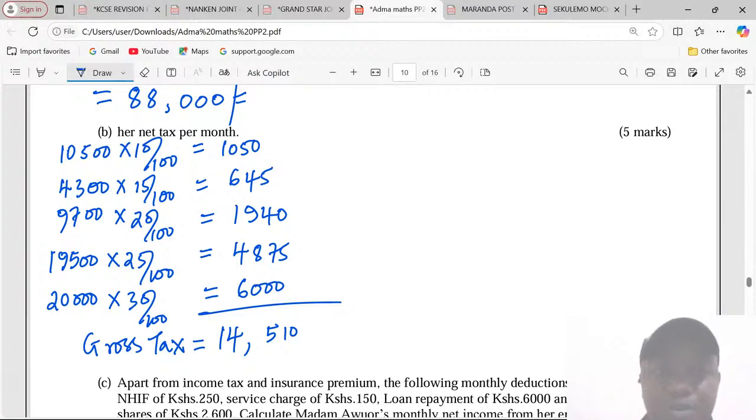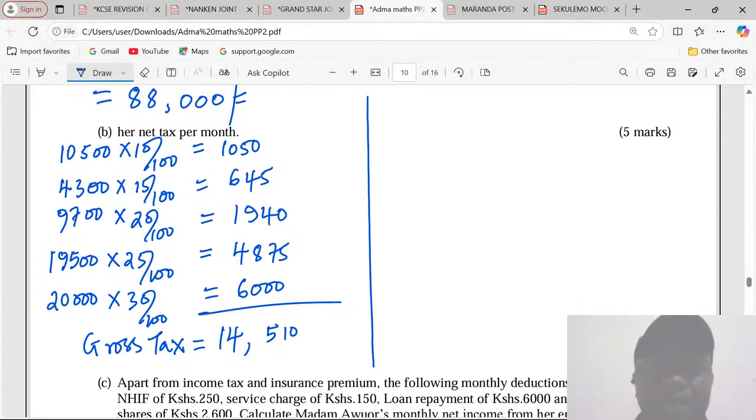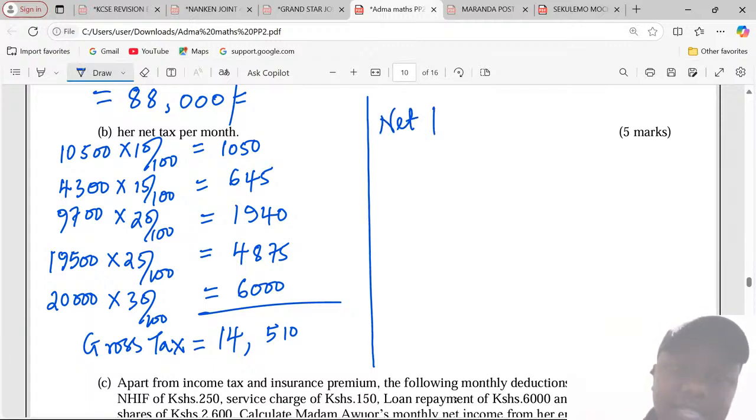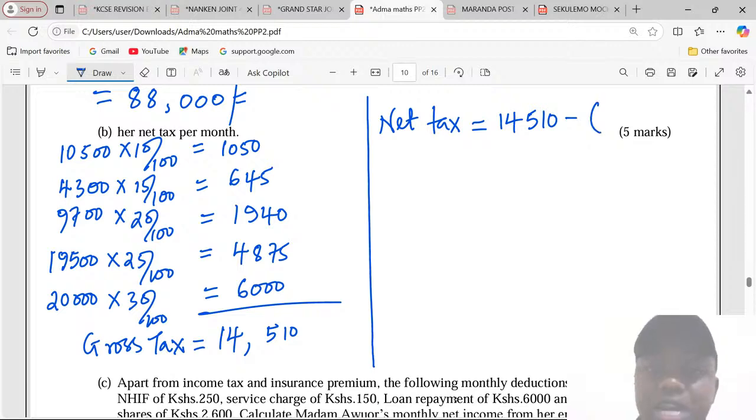Now, our vision was not to get the gross tax. We needed the net tax, or rather the PAYE. And how do we get the PAYE? For us to get the PAYE, or rather the net tax, we need to take the gross tax and subtract the reliefs.